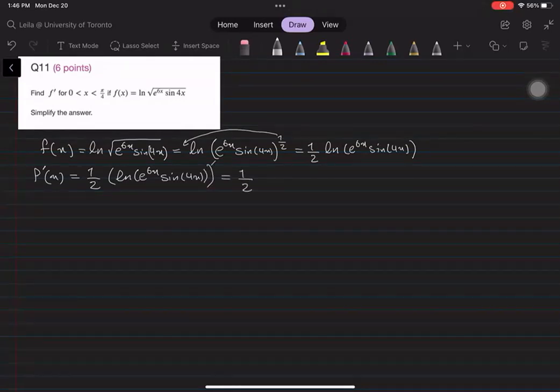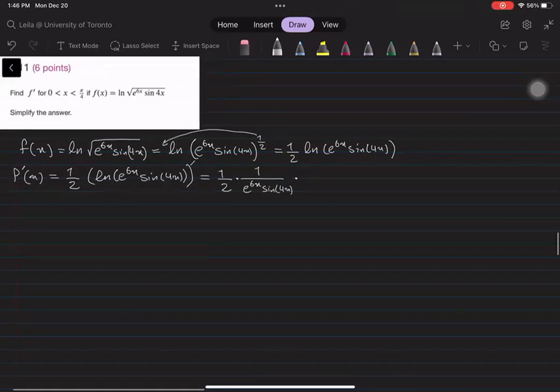The derivative of whatever you have in the ln is 1 over whatever is inside, so e to the power of 6x sine of 4x, multiplied by the derivative of this. This is a product of 2, so first you have the derivative of this times sine of 4x, plus the derivative of sine of 4x times the first.